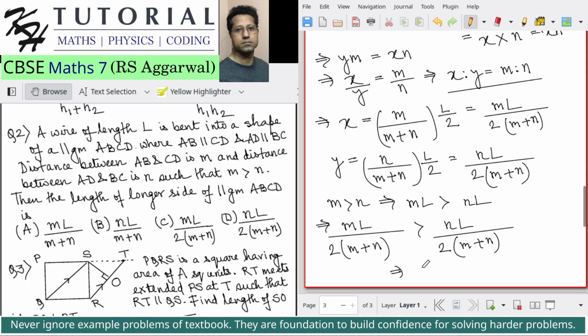So this implies that mL divided by 2 into (m plus n), that is x, is greater than y. So the length of the longer side of the parallelogram is x, which is mL divided by 2 into (m plus n). Hence the correct choice is C. C is the correct choice.